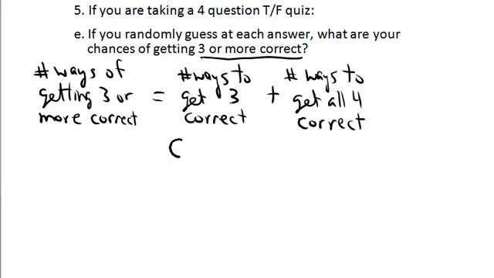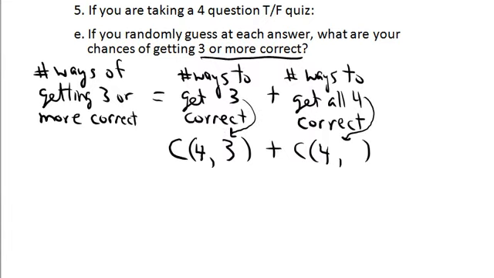Now we know these are combinations. We've already been through that argument, so we know the setup is going to be this. We know we're choosing from 4 questions, so those two numbers will be 4. If we want to get 3 correct, that'll be 3, and to get all 4 correct, that will be 4.